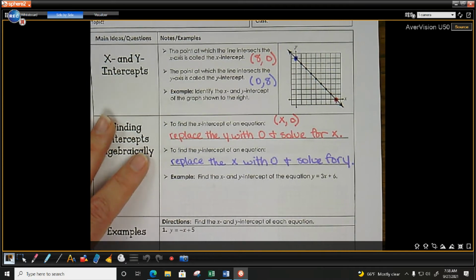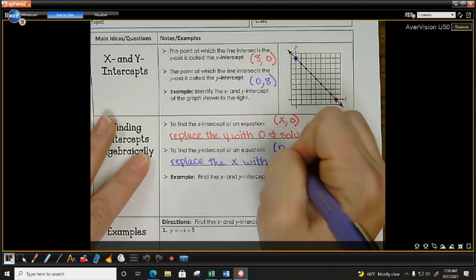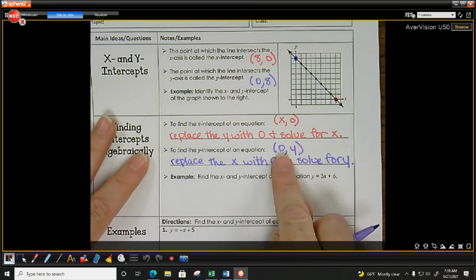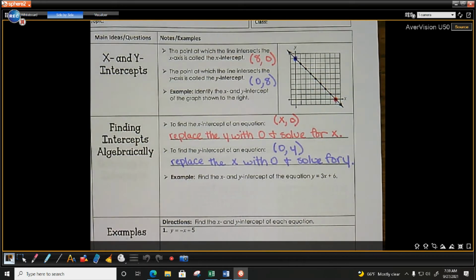How am I going to write my y-intercepts? 0, y. All y-intercepts have to have an x value of 0. That's why I can replace x with 0 in the equation. All of your y-intercepts have to have an x value of 0. Otherwise, you're not on the y-axis. You move side to side. Okay?